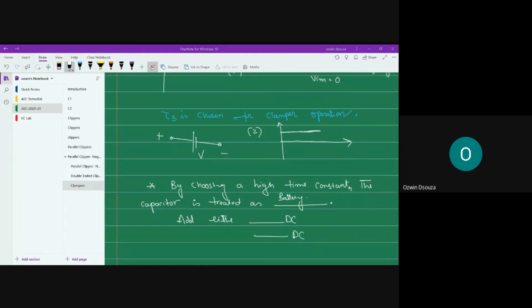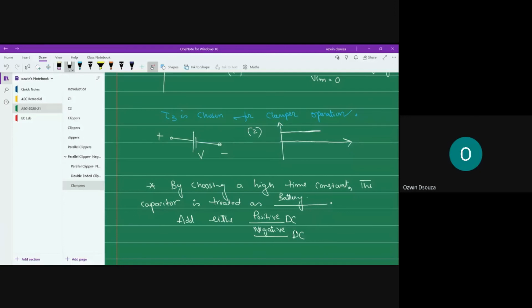If you convert that capacitor into a battery, then only one can shift the waveform in the positive direction or in the negative direction. Positive direction is possible if you achieve positive DC, and you will be able to shift the waveform in the negative direction, provided your capacitor is providing you a negative DC voltage.